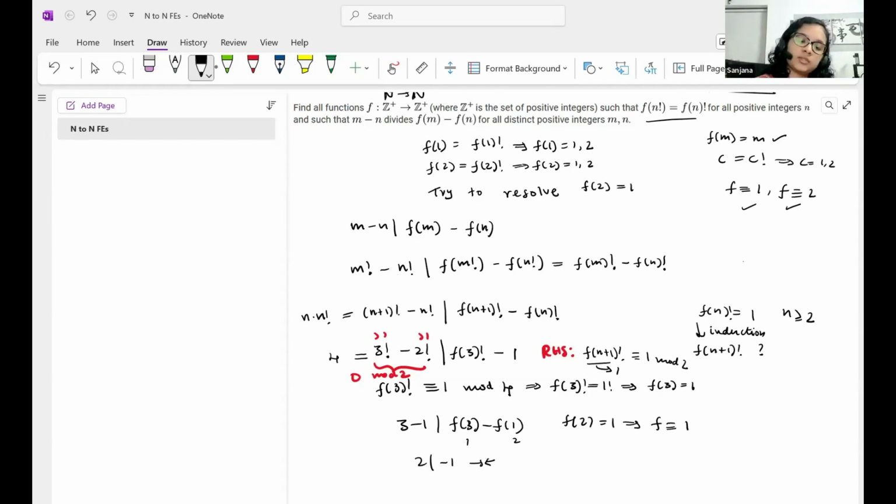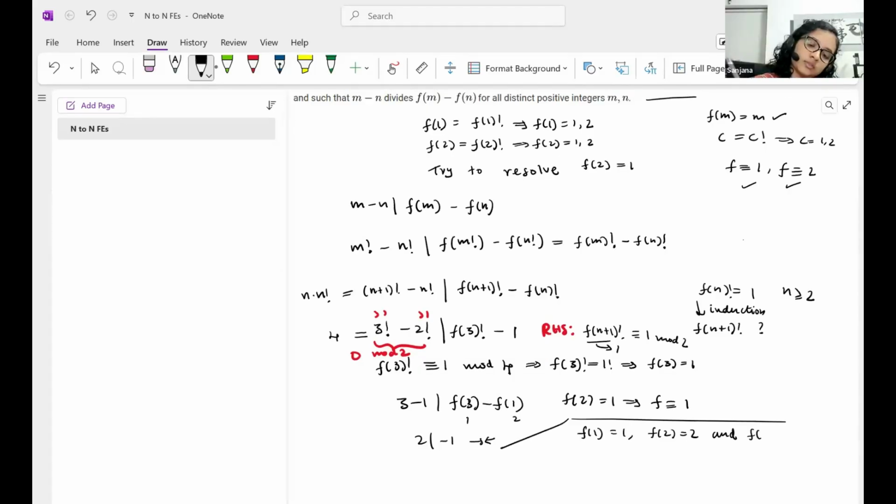And you have two remaining cases. f of 1 is 1 and f of 2 is 2, and f of 1 is 2 and f of 2 is 2. So till here, is everyone clear what we did?